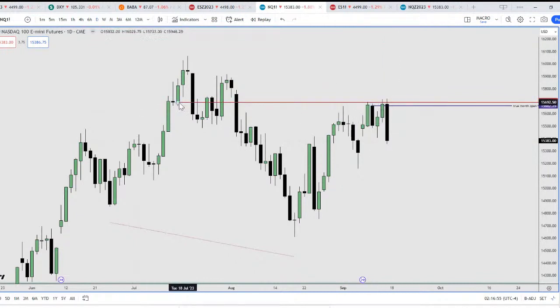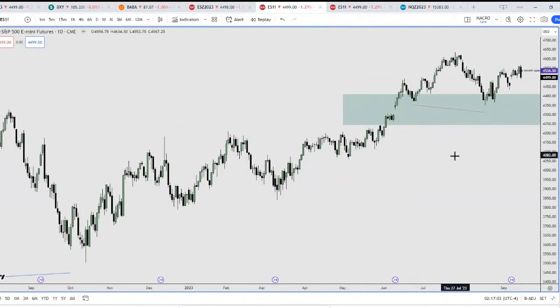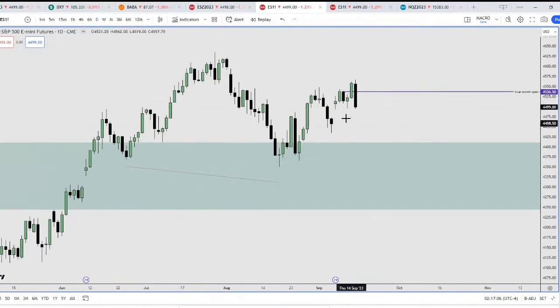Yep, so it's respecting this order block here. For ES, similarly, it's rejecting swing highs. Right here, swing high, rejection, and then here there's a swing high that was purged as well, rejected again.